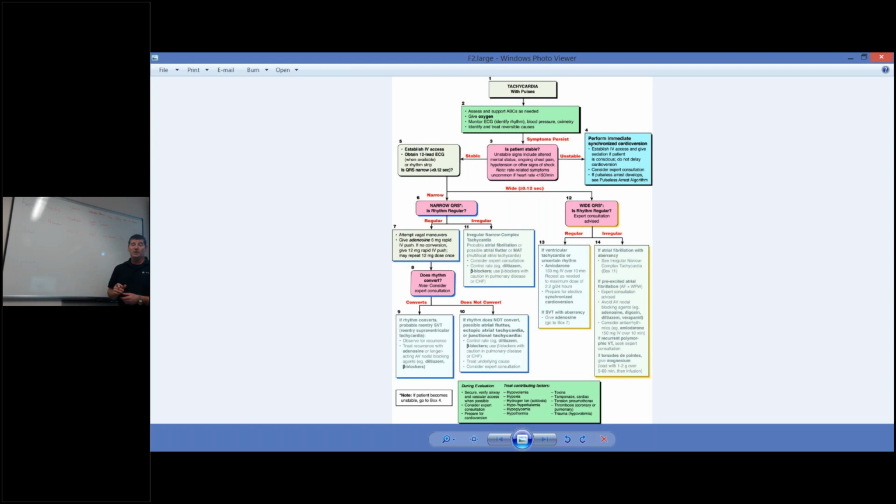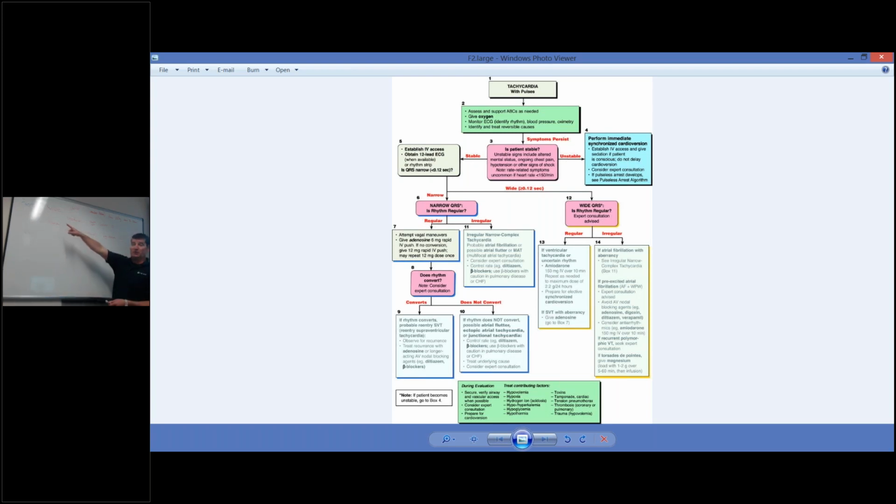What do I use joule-wise? SVT is 50 to 100, VTAC is 100. So I'm going to start at 100 joules, and I'm going to use escalating doses of stacked cardioversion shocks until I get a conversion of rhythm. That's it. The only thing I may do is sedate them to take away some of the pain.